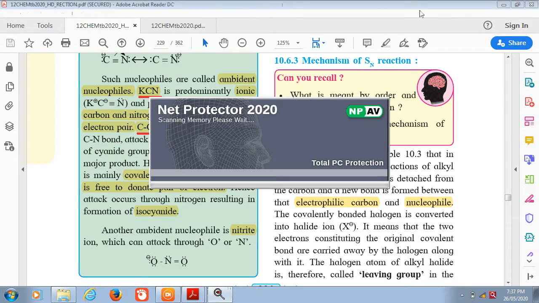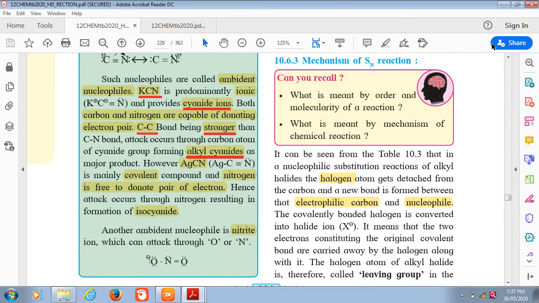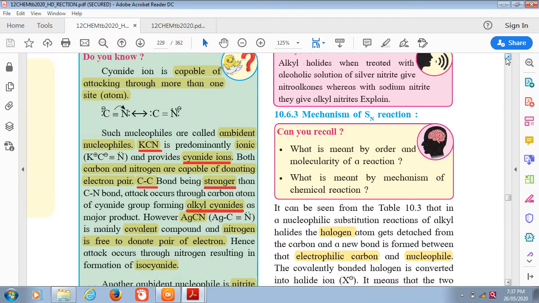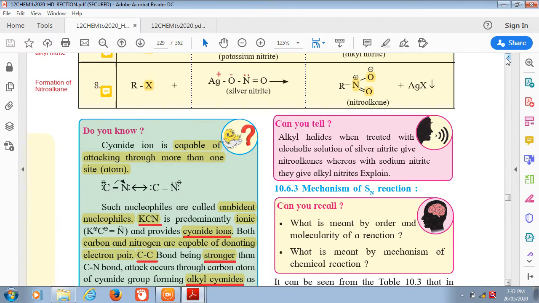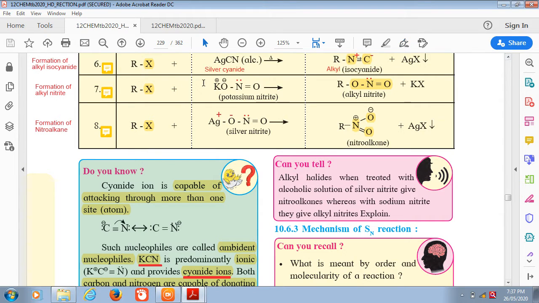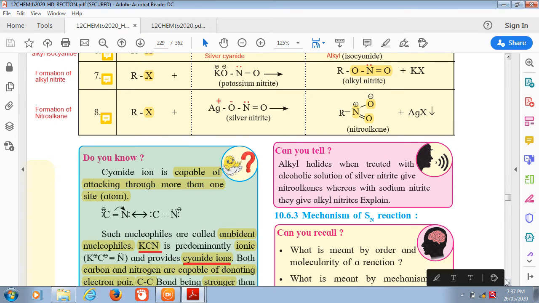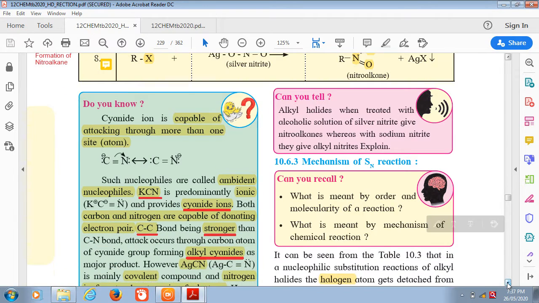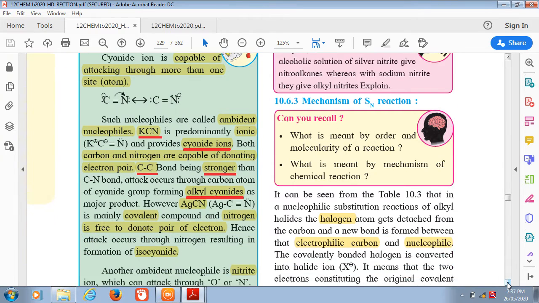In the previous table (10.3), we studied different reactions, and in all these reactions the X gets replaced by the nucleophile and we get a product, and that X reacts with the positive part of the reagent and gives the byproduct. There are various reactions in which the nucleophile substitutes the X from the alkyl halide and gives the product.